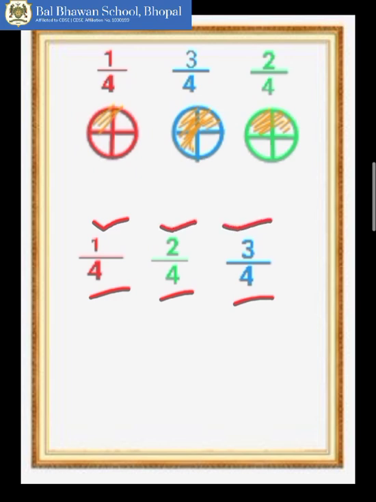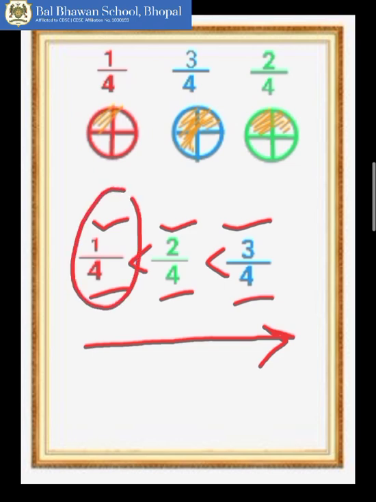As we can see that 1 by 4 is the smallest one, and then 2 by 4 is smaller than 3 by 4. So these fractions we have arranged in ascending order also, with the smallest fraction 1 by 4 and biggest fraction 3 by 4. Is it clear, children?